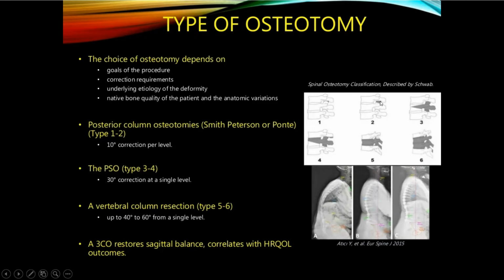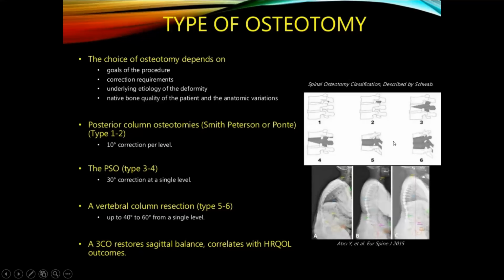In type 2 osteotomy, the facet joint, capsule, and the spinous process are removed. In type 3 osteotomy, it's a wedge resection. In type 4 osteotomy, you have a vertebrectomy and a discectomy. Type 5 osteotomy is a corpectomy. And in type 6 osteotomy, it is a multiple corpectomy or multiple resection.